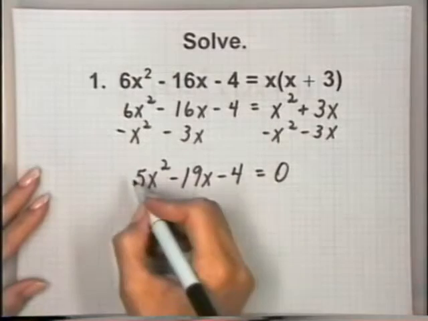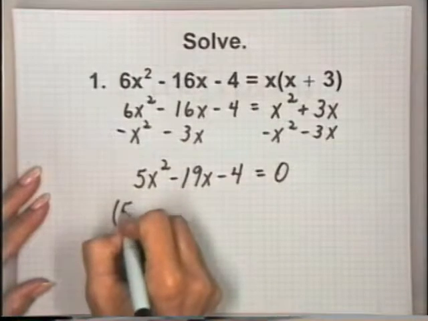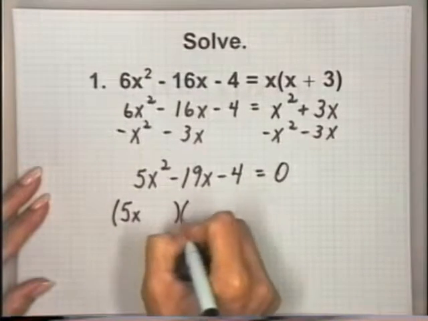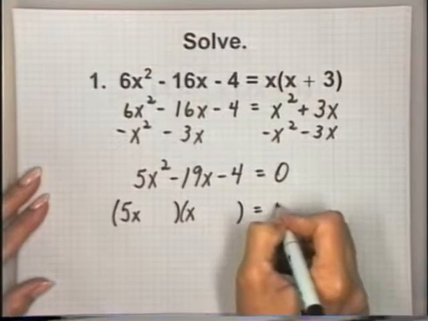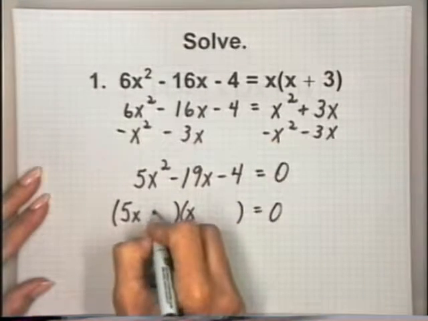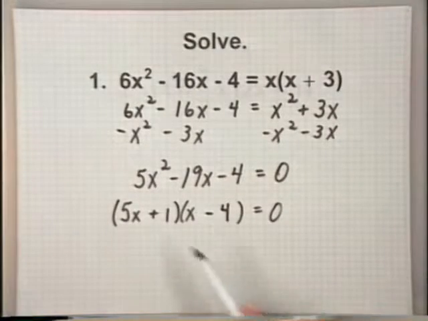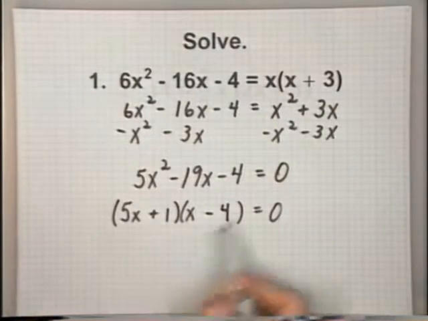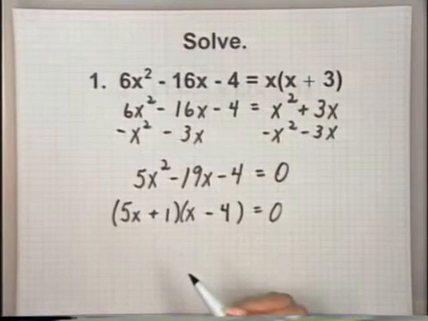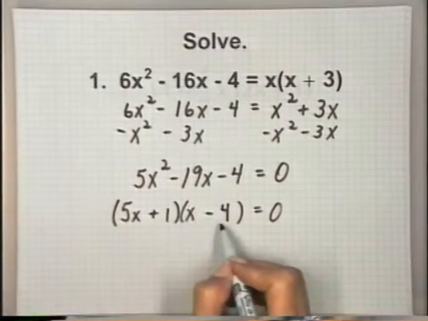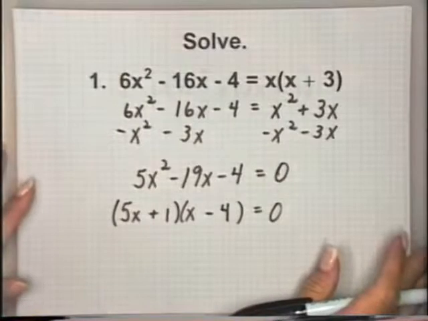So let's see if this factors on the 5x squared. Let's try 5x times x. On the 4, let's use a positive 1 and a minus 4. Let's check it. 5x squared minus 20x plus 1x gives me minus 19x. 1 times negative 4 gives me a negative 4.